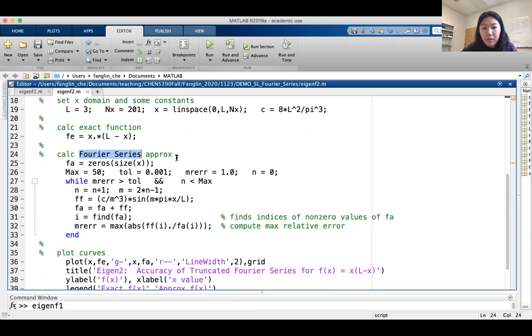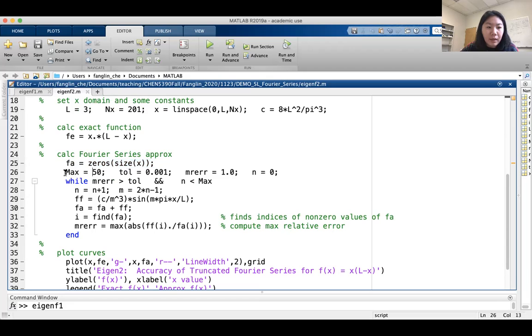This is very similar to how we coded the power series. We set up the sum of our Fourier series, and we put zeros at the beginning.